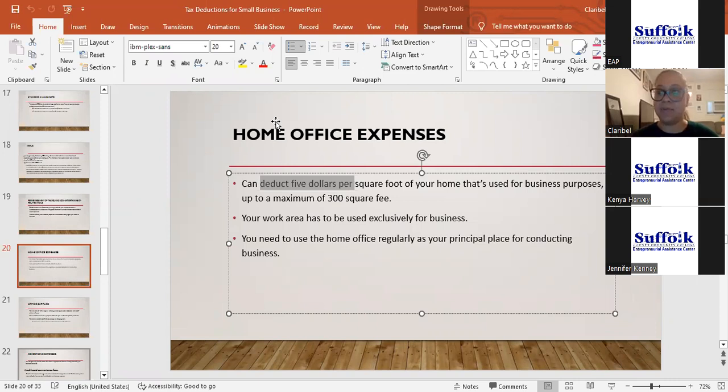Let's say you calculate that you're using 20% of your home for business. So you would deduct 20% of all your rent, your electric, gas, any bills that you have, you take 20%.